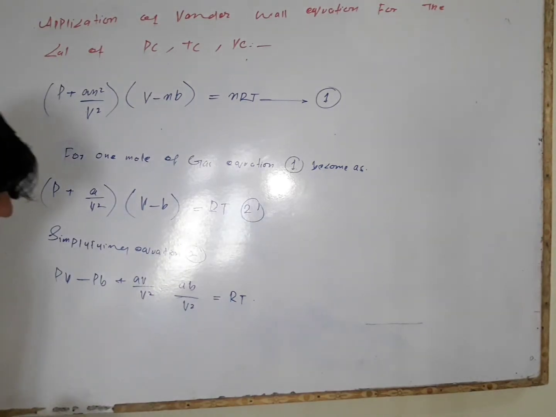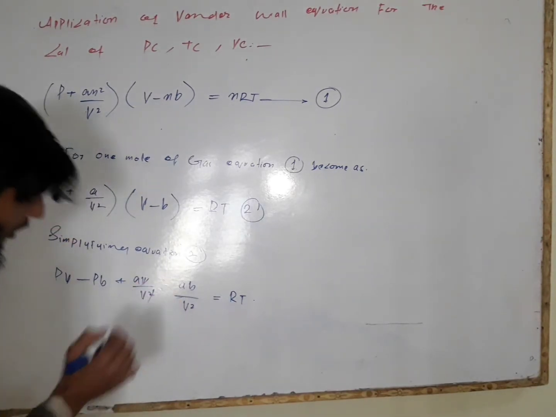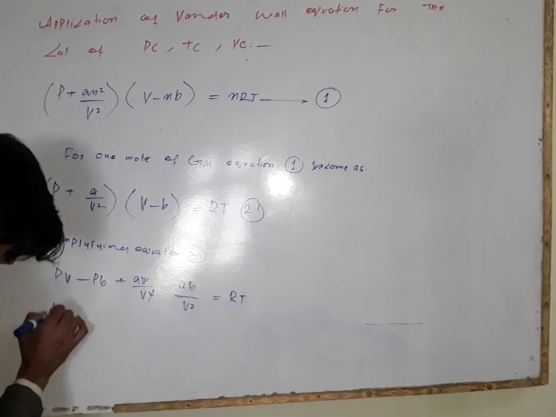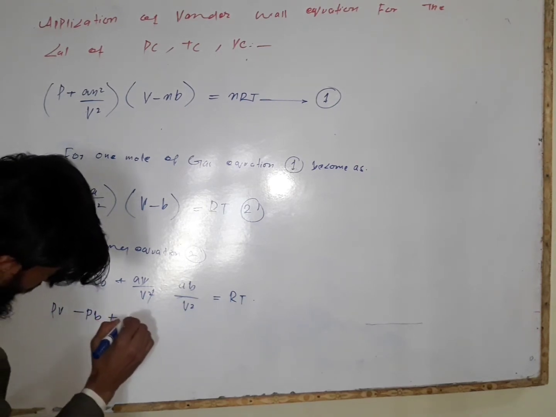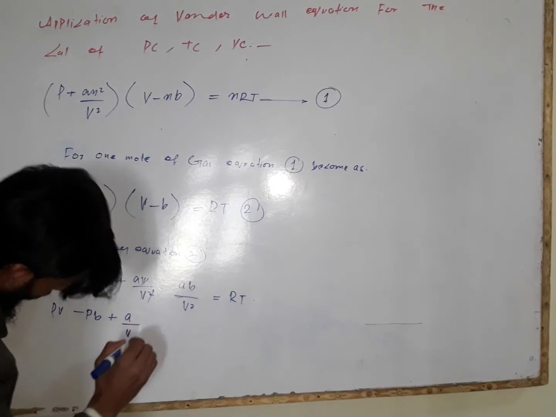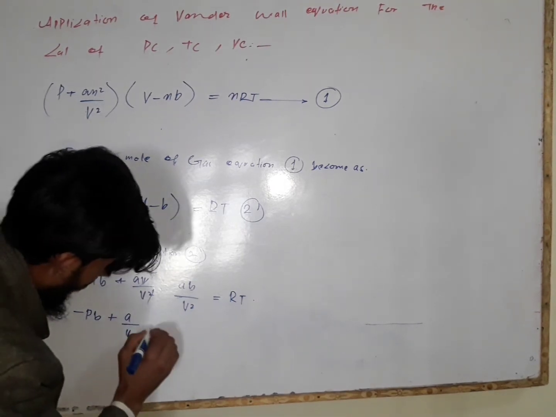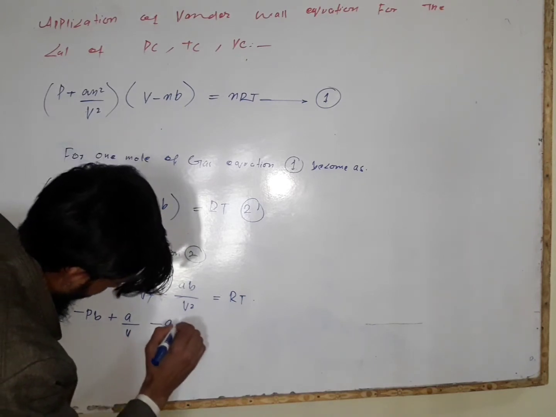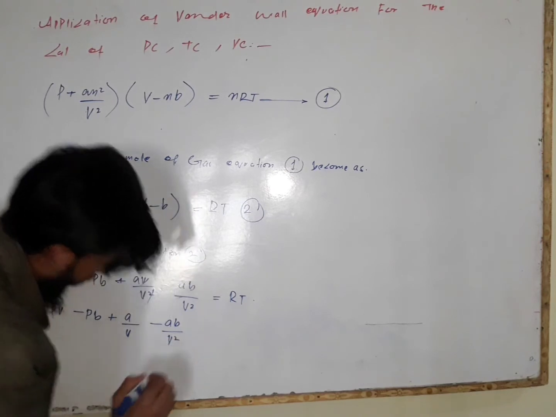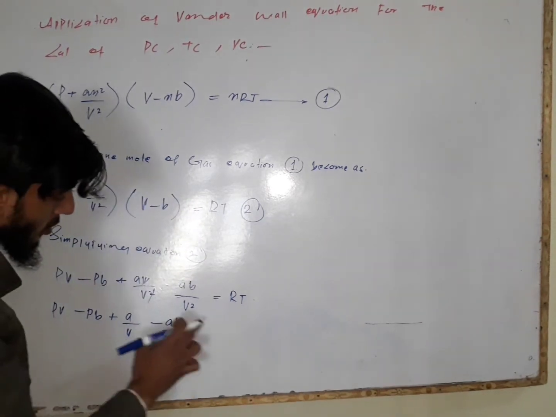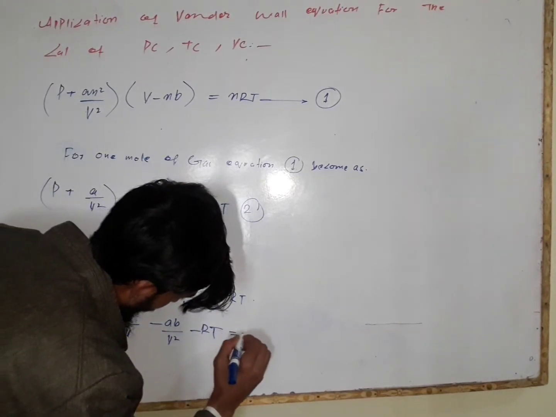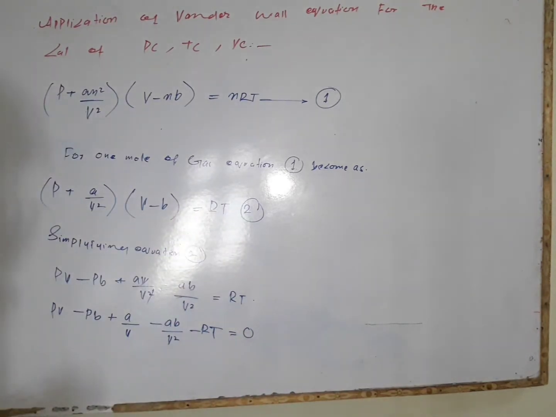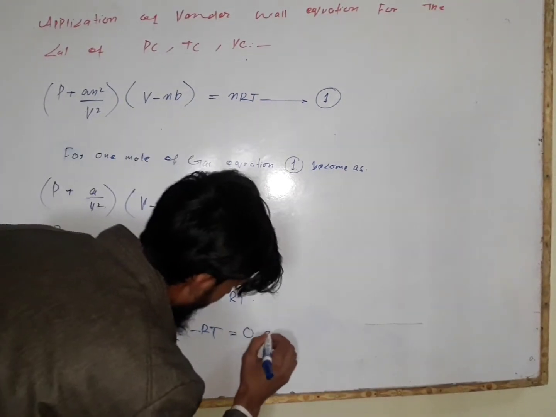So we can cancel this square with this V, and we get the equation PV minus Pb plus a by V minus ab by V squared. Bringing RT to this side, it becomes minus RT, equal to 0. So this becomes equation number 3.